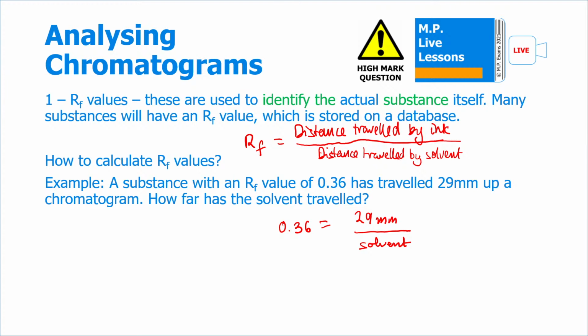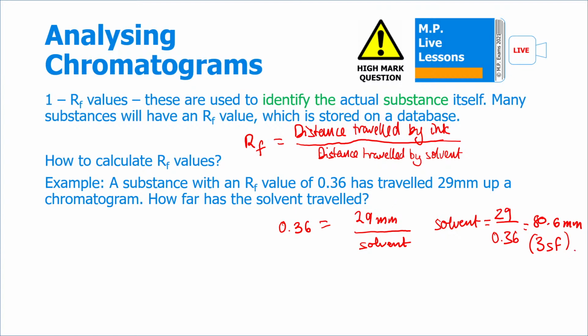So if we rearrange this, what we get is solvent equals the 29 divided by 0.36, which gets us about 80.5 or 80.6 millimeters. And I've done that to three significant figures.